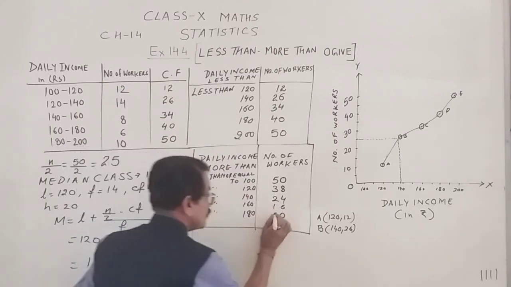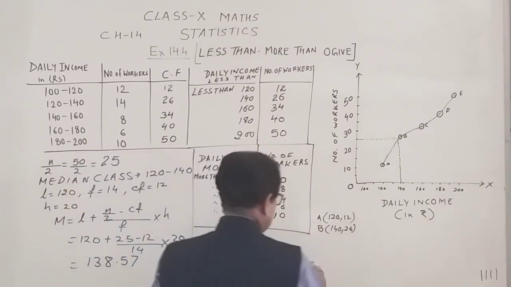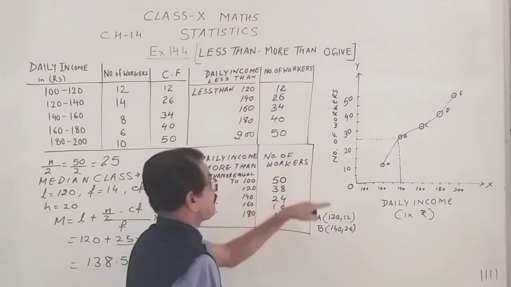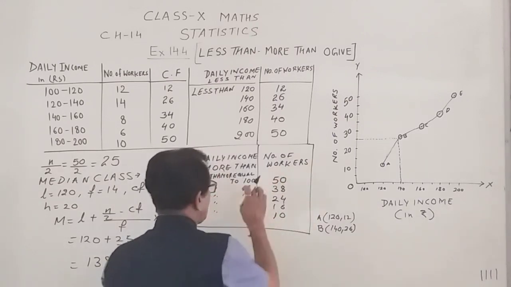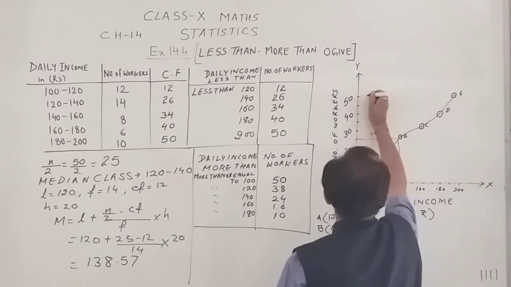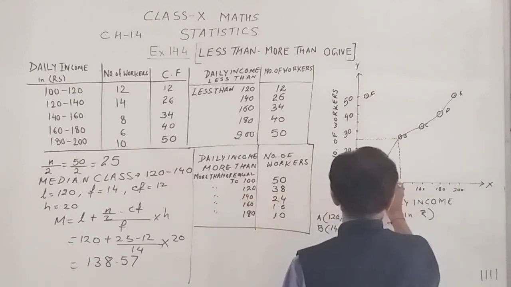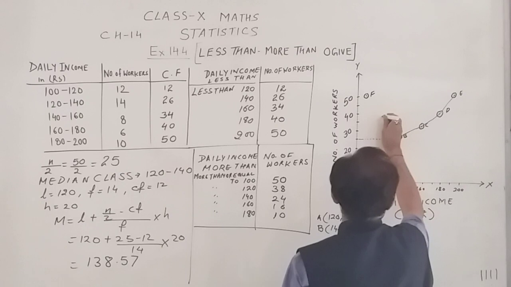You see? And now again we can plot these points similarly by taking F, G, H, etc. 100, 50. F point, 120, 38 is somewhere here.